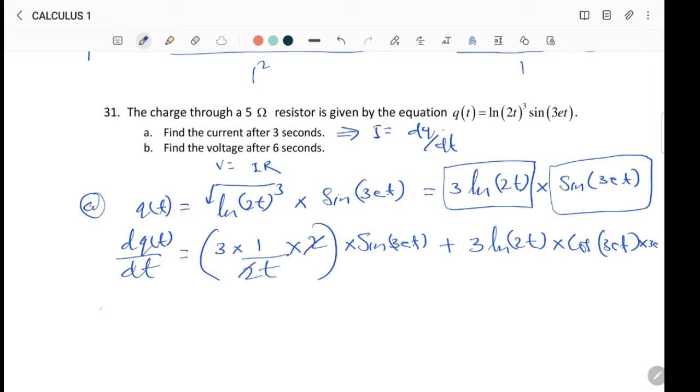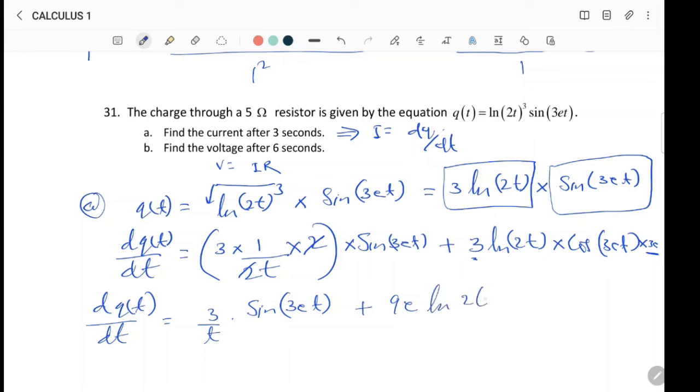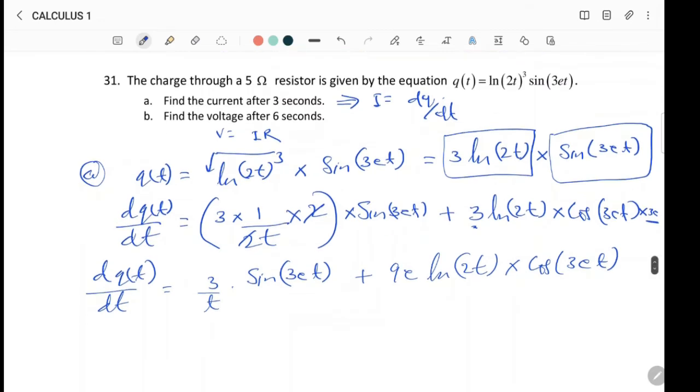Let's verify. Okay, 2 and 2 we can cancel. 3 over t times sine 3et, plus 3e times 3, 9e ln 2t times cos of 3et. Okay, we got this, this is I.